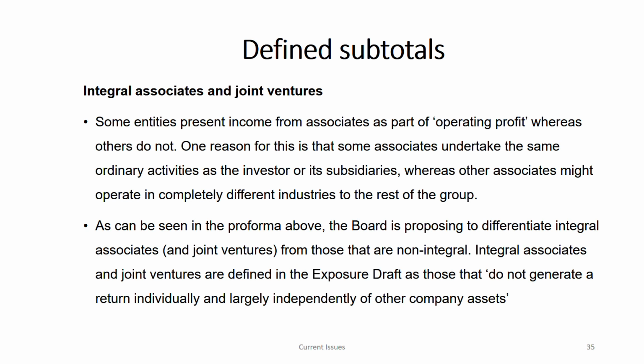So in the exposure draft, how are integral associates and joint ventures defined? Integral associates means those that do not generate a return individually. That means similar activity to the group, that is the meaning of integral in simple terms. And they are not independent. They are very dependent. If they are independent, that means they are non-integral.